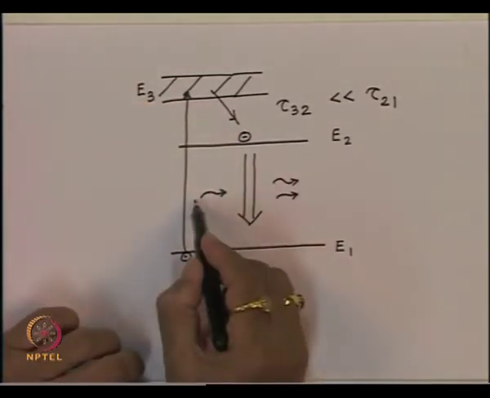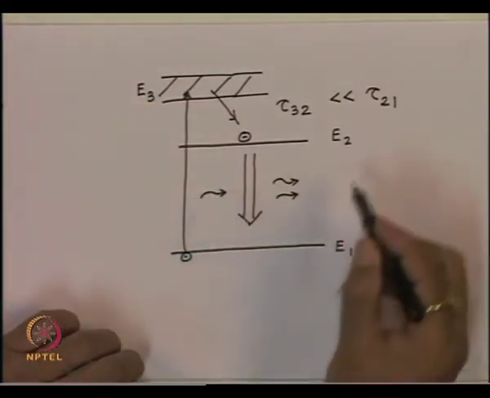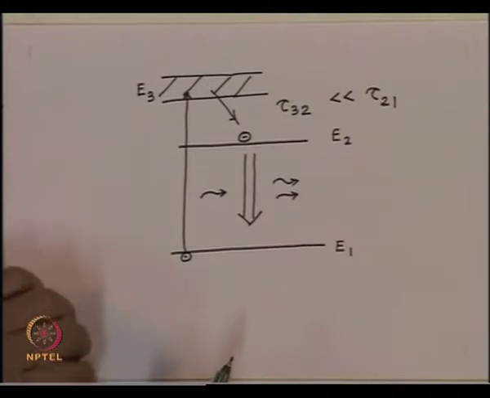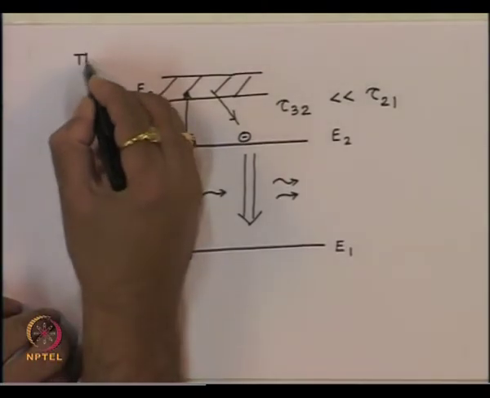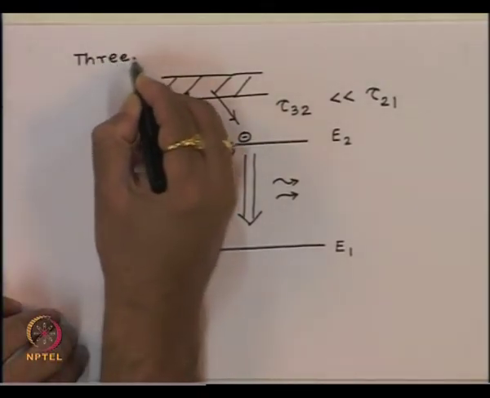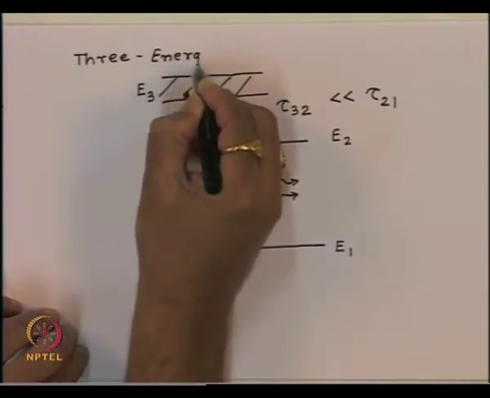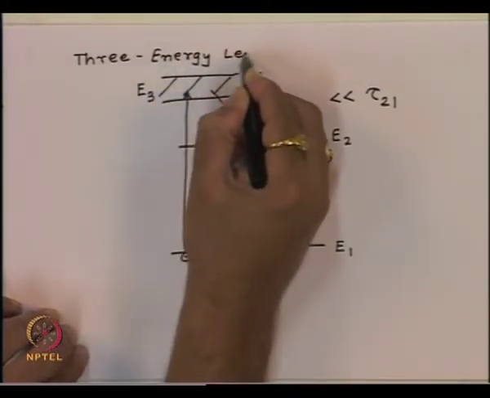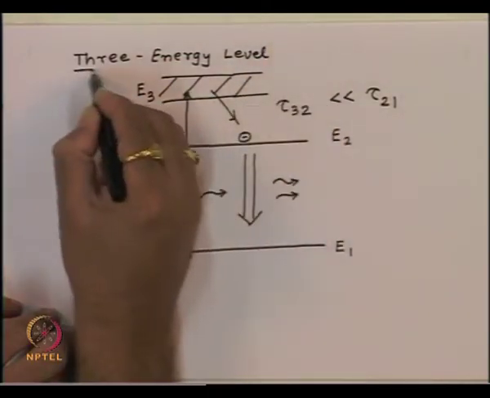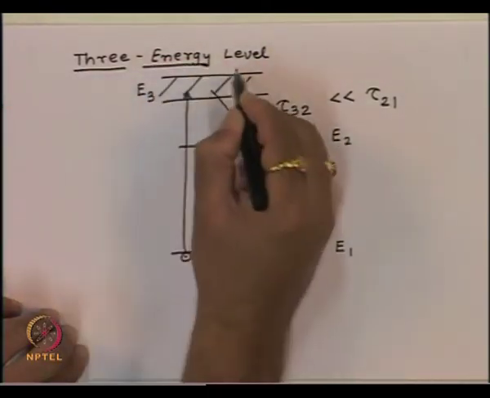So the triggering photon will have a frequency corresponding to E2 minus E1. So in principle, then it looks like in practice a 3 energy level system will be the minimal system which is required for creating the population inversion.